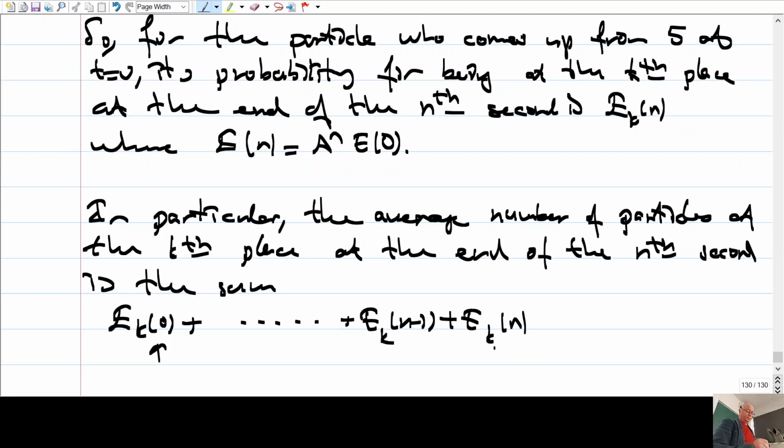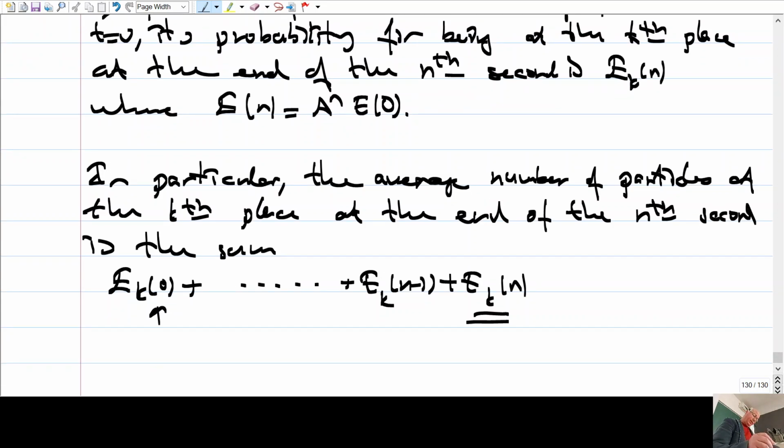This is the probability for a particle to be at the kth place at the end of the 0th second, and then the probability for a particle to be at the kth place at the end of the first second, and so on.